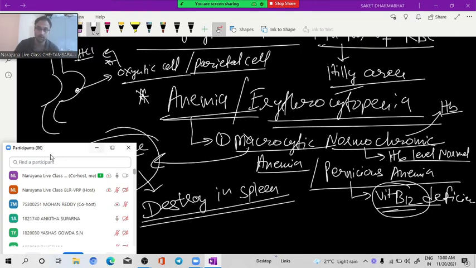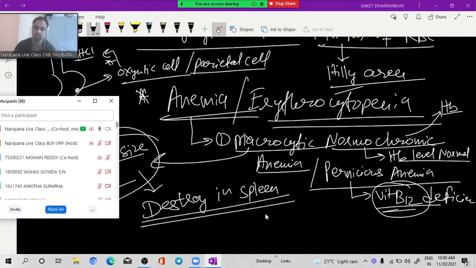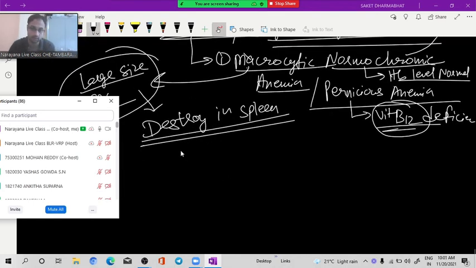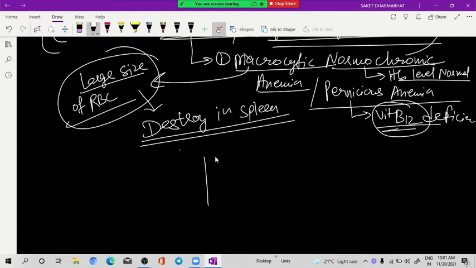So I am going to tell you how this RBC formation is taking place. See, first of all, suppose this is the bone. I have already told you in your class, the bone has 3 parts. This part of the bone is called what? Epiphysis part.